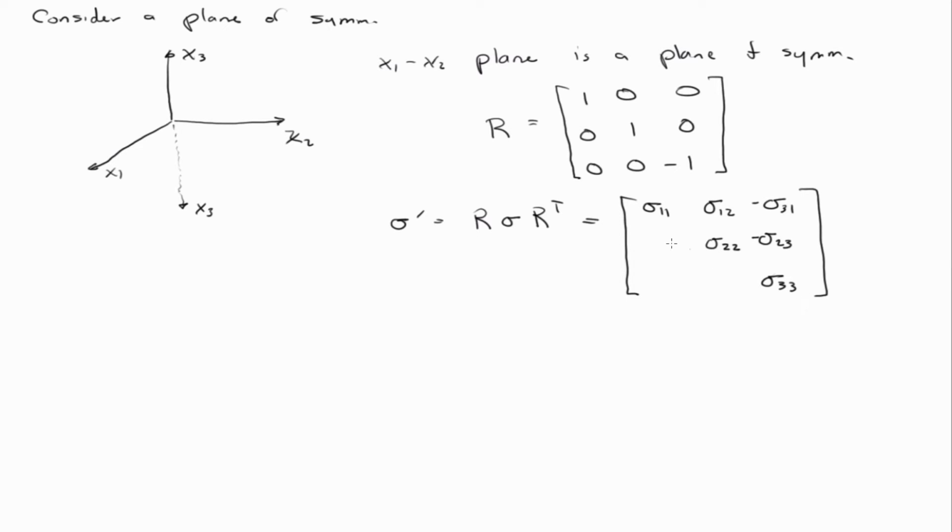And of course, whenever I don't write the bottom half of the matrix, it's because it's symmetric. I just don't want to repeat all those terms. So just to be clear, this is a negative here. And similarly for the strain.